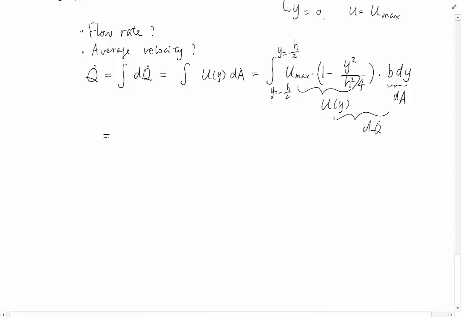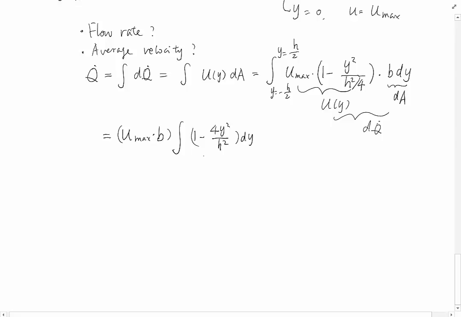Okay, so the math now is a little bit more complicated, but it's still very doable. We take all the constant out. One minus 4y square over h square dy.